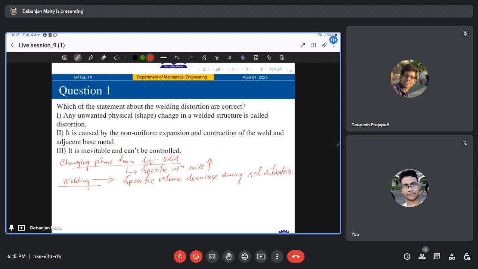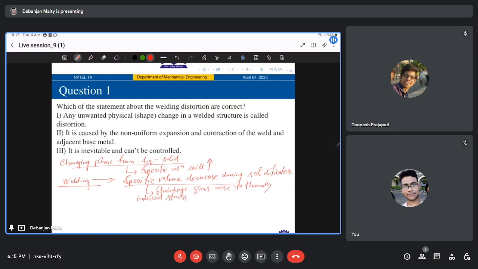This volumetric shrinkage gives rise to thermally induced stress in the surrounding metal.